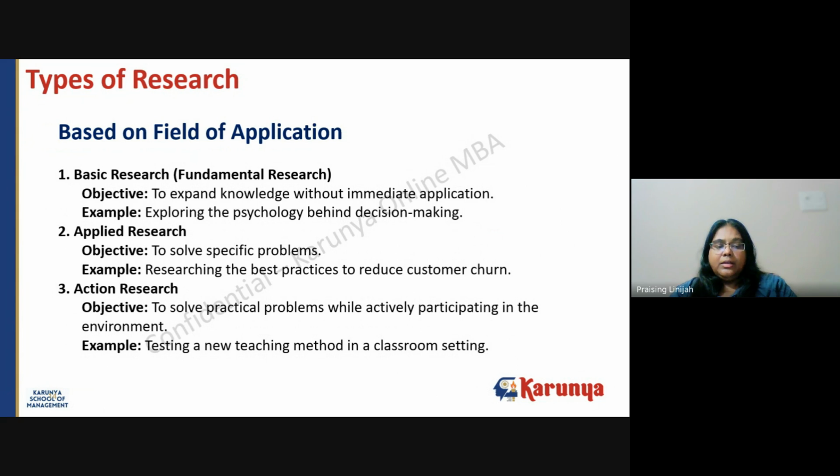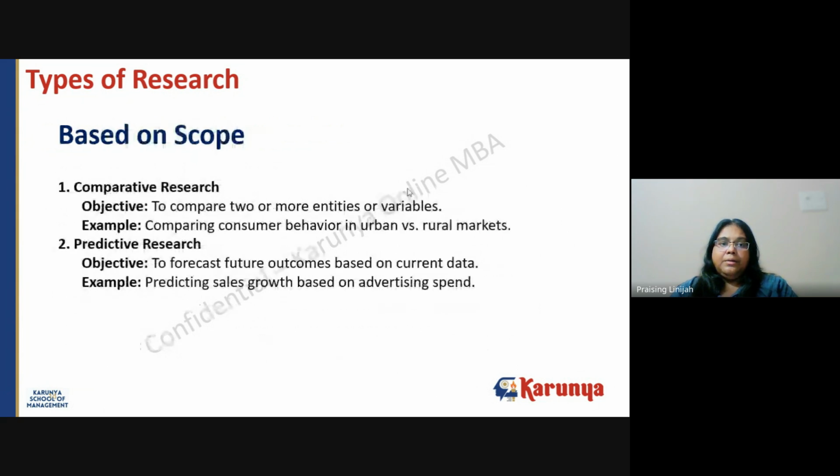Moving to broader horizons, the next one is based on scope: comparative research and predictive research. Here, towards the end of the journey in the story which we are continuing, you compare different lands.